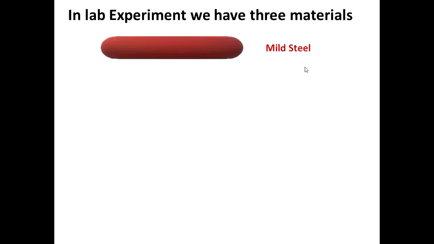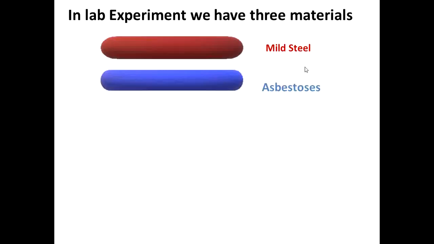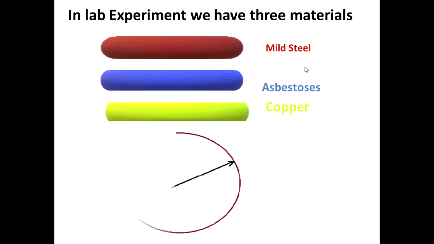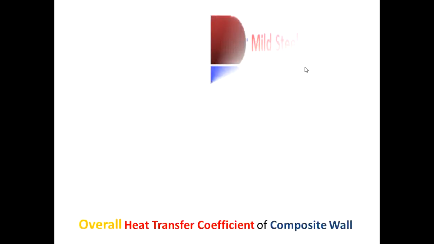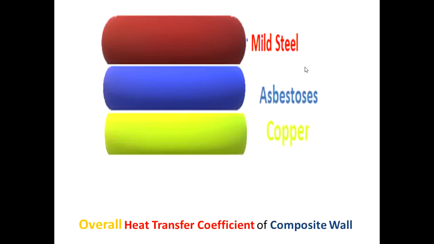In the experiment we have three materials: mild steel, asbestos and copper. In our lab all three materials have the same diameter D, with cross-sectional area pi d squared divided by 4. Therefore the composite material will be like this.